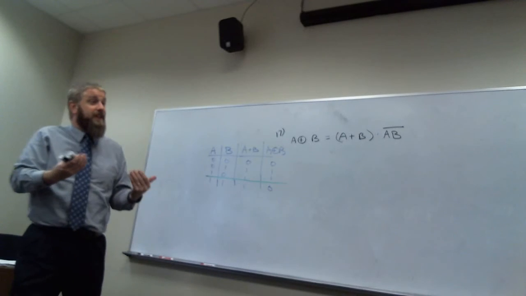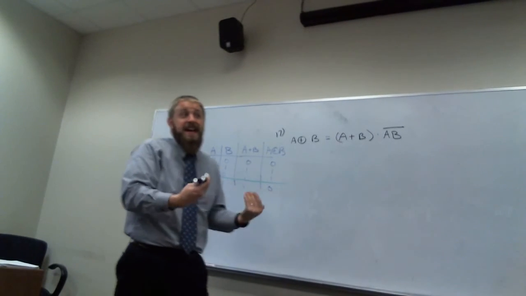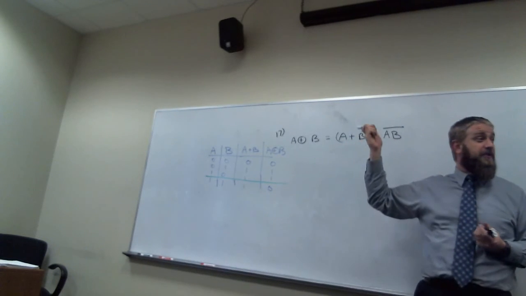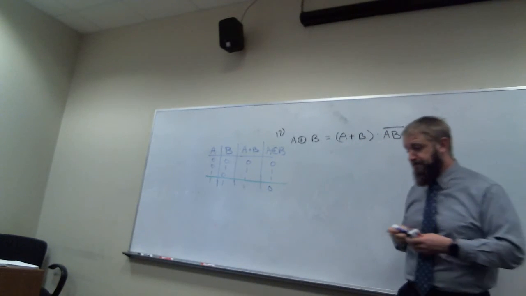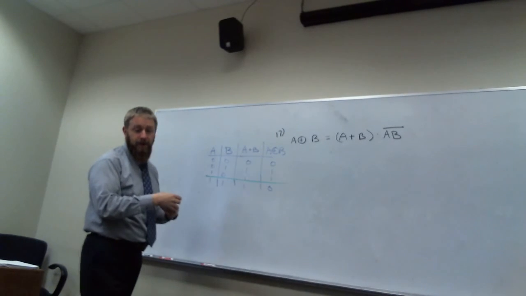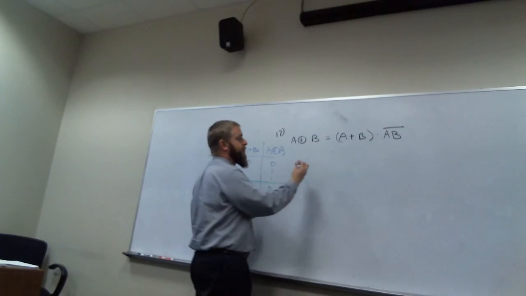In terms of logic gates, there are still only AND and OR logic gates. This is the way you wire together an exclusive OR. So these are the same. Rule 17 is true.